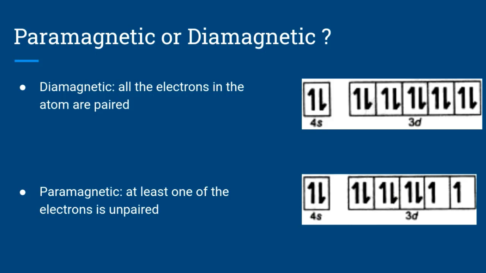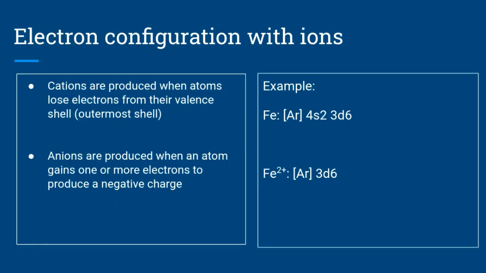So yes, you would go by the highest n number. Your highest n number is going to be your outermost shell. Because even though 3d on the periodic table comes after 4s, the fourth shell is still the outermost shell.